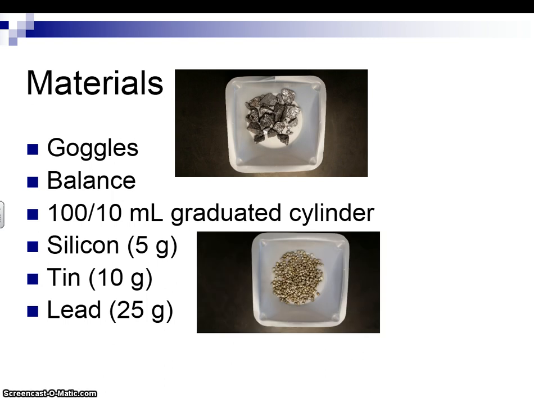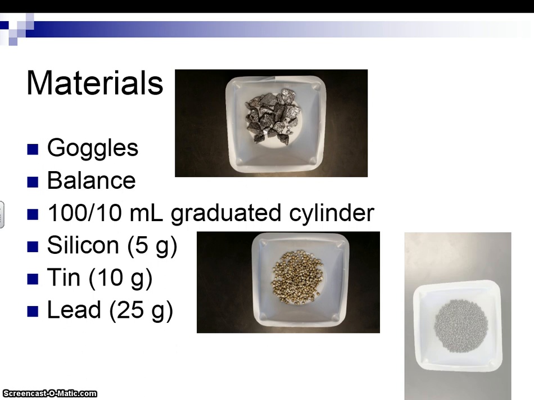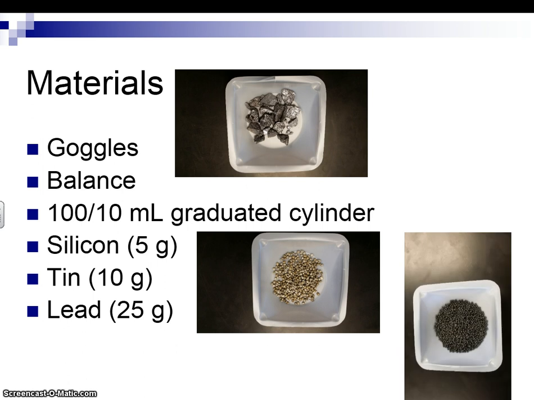Here's tin, that's approximately 10 grams, and there's lead, approximately 25 grams. You don't have to try and get exactly these masses, but you want to get close, and you certainly don't want to go much above those values. And then finally, you'll be weighing those elements in a weigh boat.